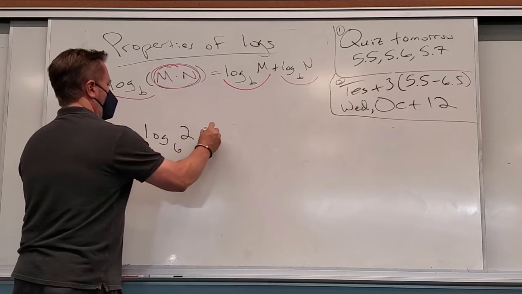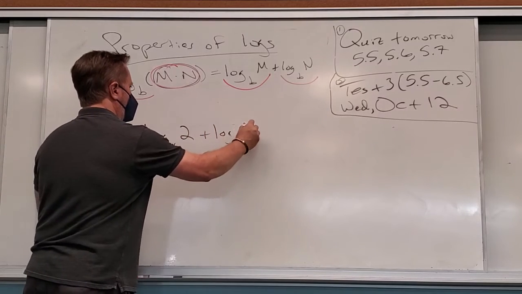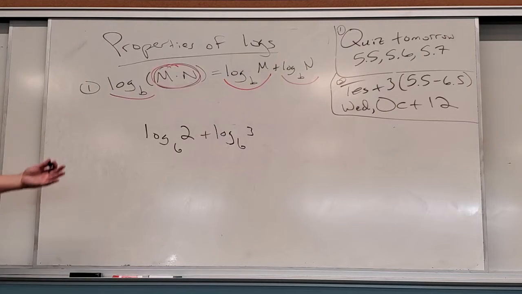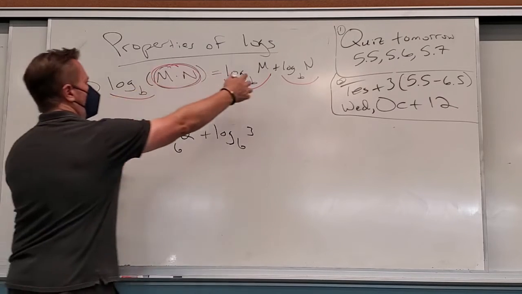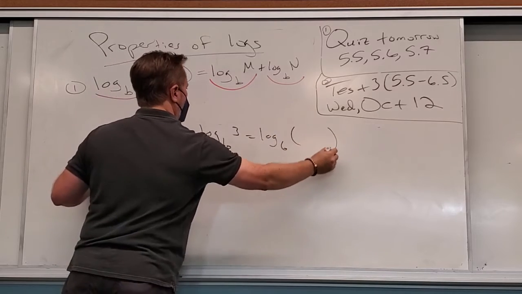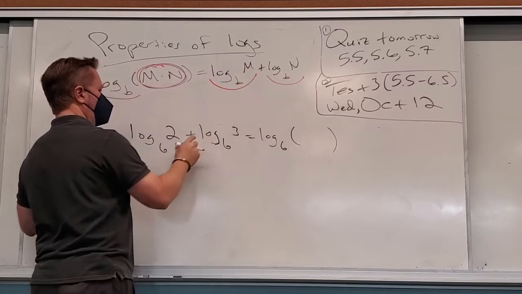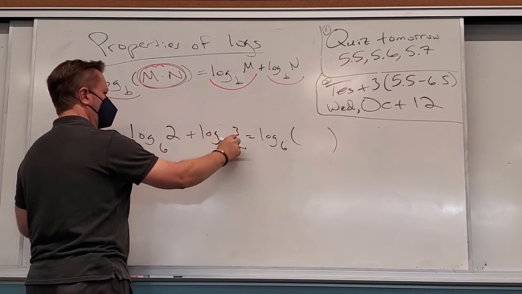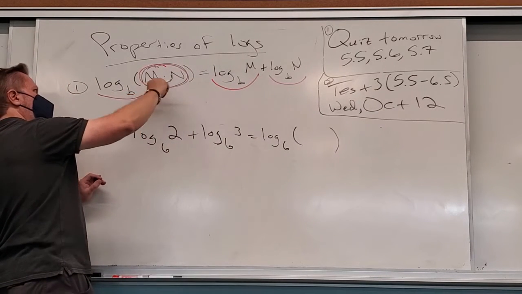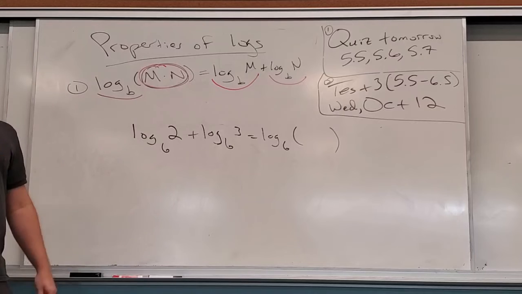Okay. So what if I add to it log base 6 of 3? Does anyone know what log base 6 of 3 is? No, I don't know what power 6 needs to become 3. But what does this say if I do it this way? How can I rewrite this? Log base 6 of something plus log base 6 of something else equals the log of the product.